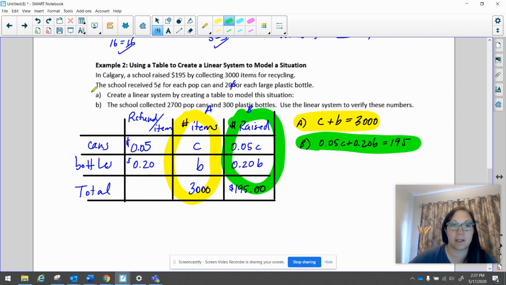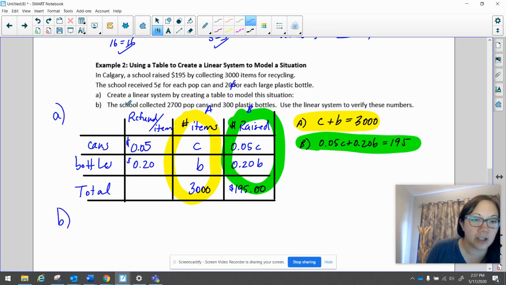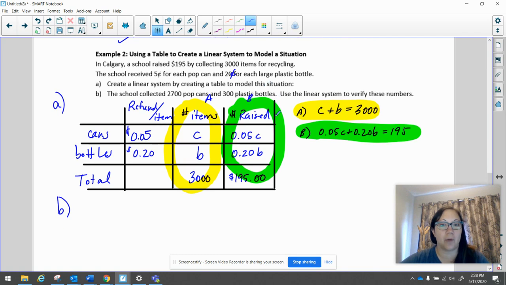So that is part A. That was all part A of the question. Part B of the question is asking, the school collected 2,700 pop cans and 300 plastic bottles. Use the linear system to verify these numbers. So let's make sure that works for both of our equations.